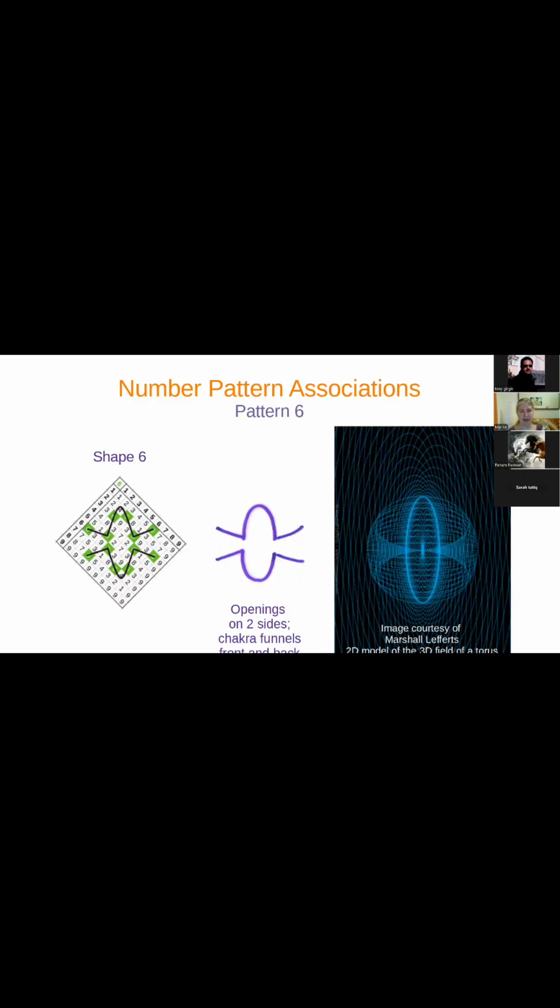Number pattern association for pattern 6 is the opening on 2 sides with chakra funnels, front and back, as well as the 2D model of a 3D field of a torus, but rotated by 90 degrees from its original image.